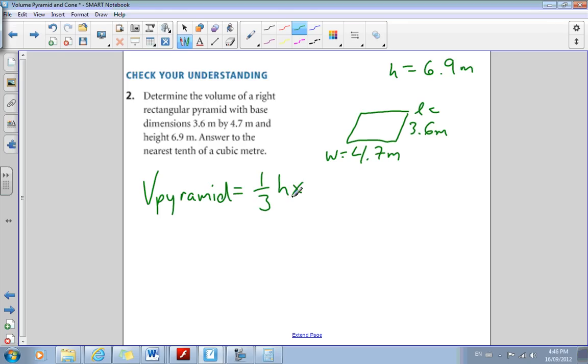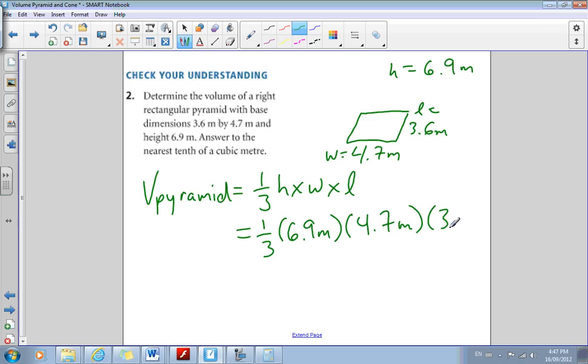1/3 height times width times length. So 1/3 times 6.9 meters times the width, which is 4.7 meters, times 3.6 meters.